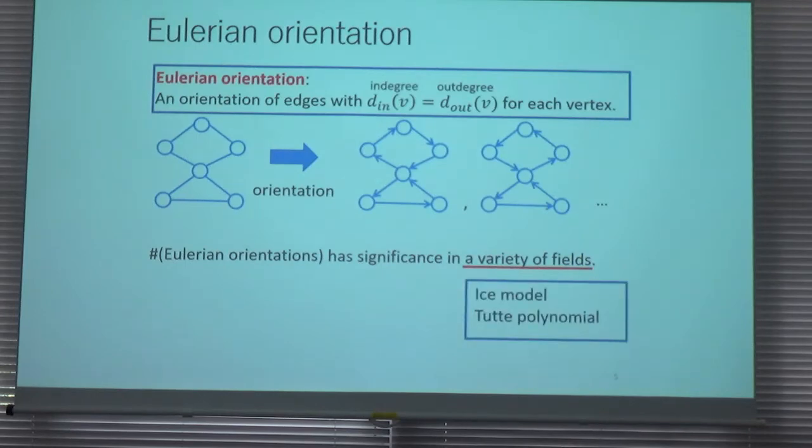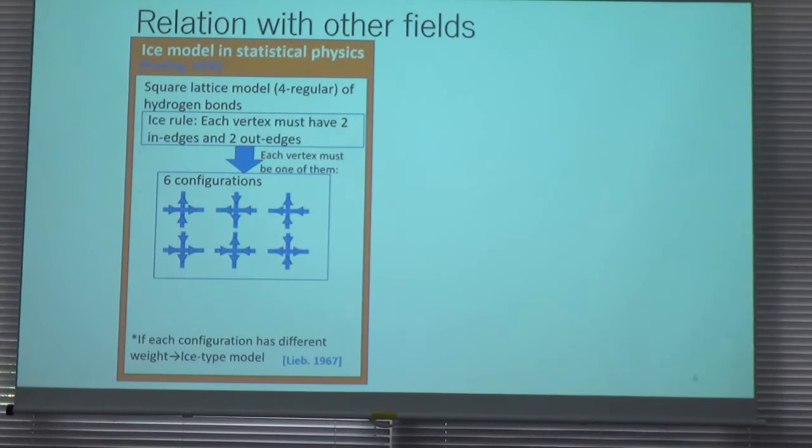such as the ice model or Tutte polynomials. So the ice model is a physics model which represents the hydrogen bonds in H2O. And in the graph meaning, each vertex corresponds to oxygen, edges mean hydrogen bonds, and direction means plus or minus.